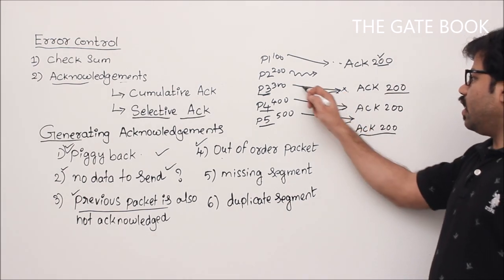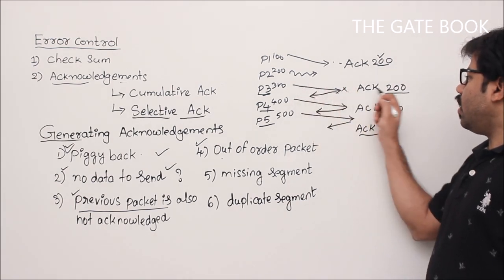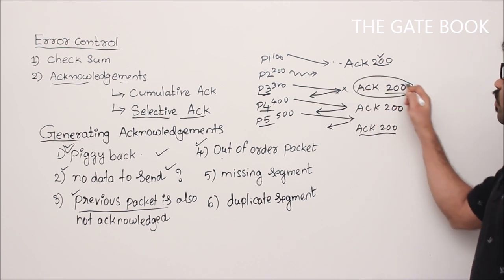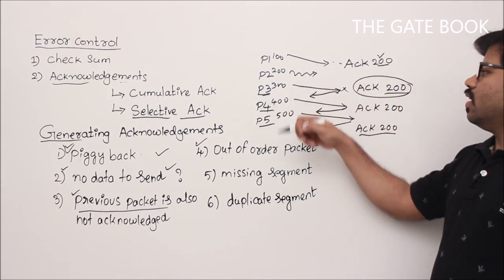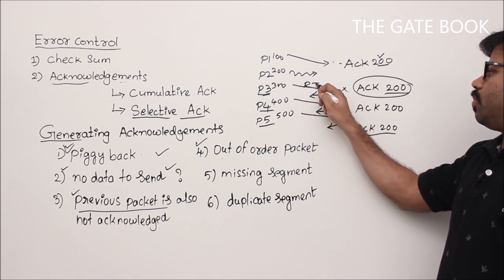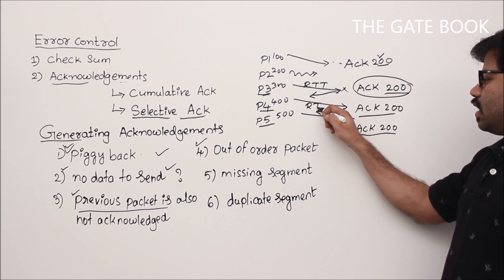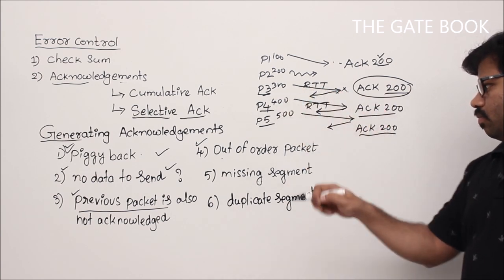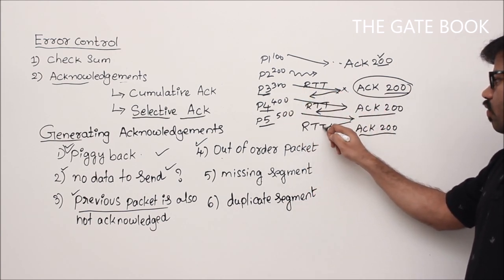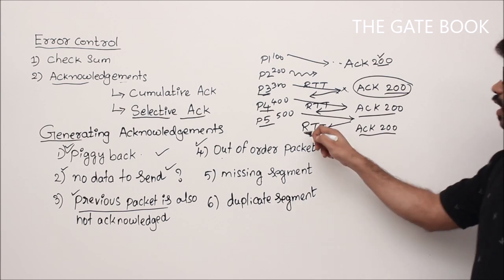When the ACK of 200 is received by the sender, definitely after one round trip time, right? Similarly, this ACK 200 also will be received after one round trip time. This one also after a round trip time, correct?